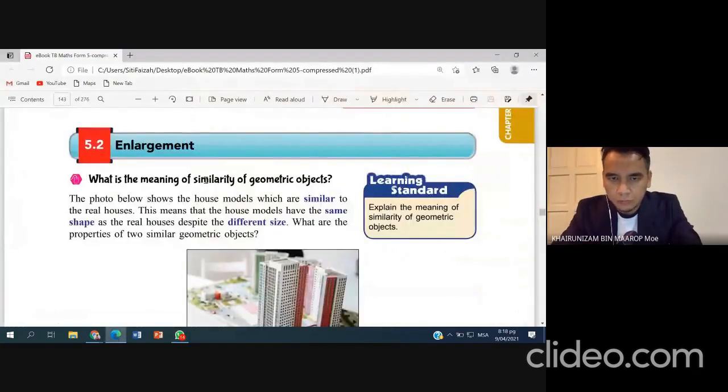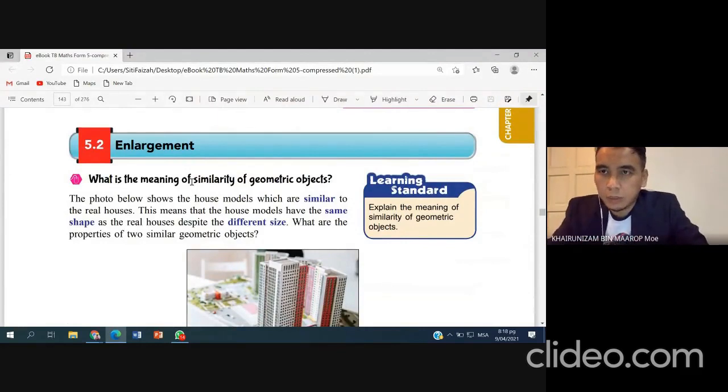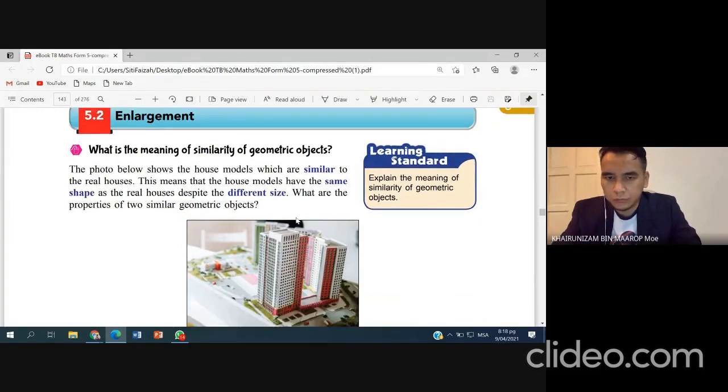Okay, enlargement. Today we learn about enlargement. What is the meaning of similarity of geometric objects? If you look at this photo, this is the house model which is similar to the real house.